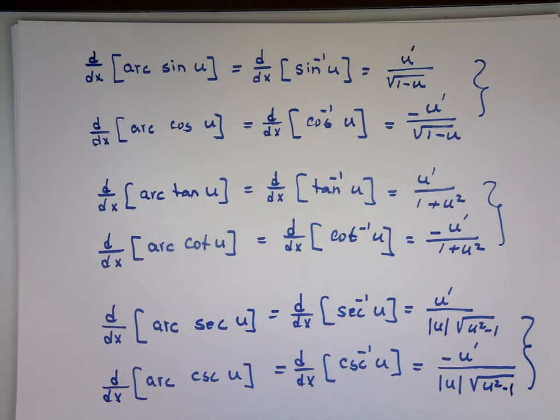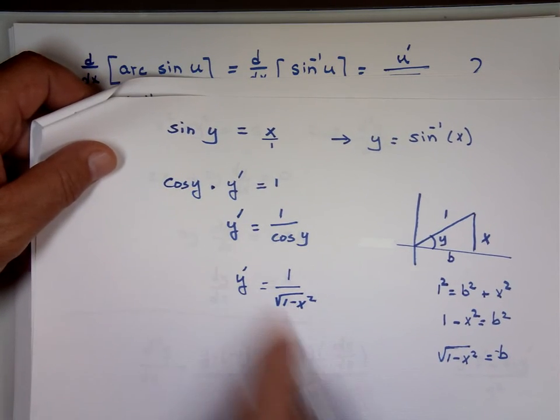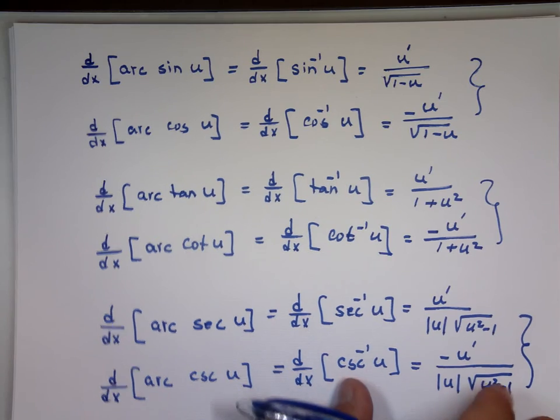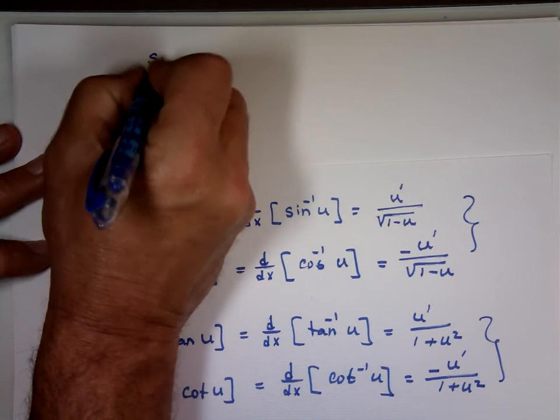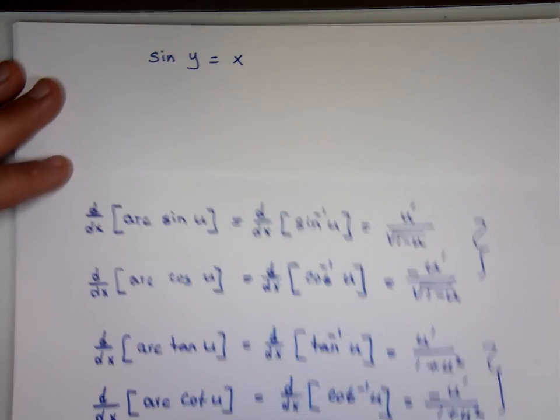It was this one. We did it this way. It wasn't that long to do it that way, implicit differentiation. But if you look at that, we'll see if we get the same answer. I'll come back to this sheet. The problem was sine y equals x, and we want the derivative of y.